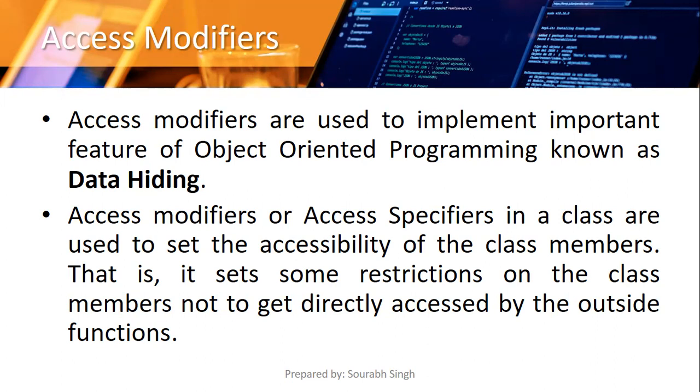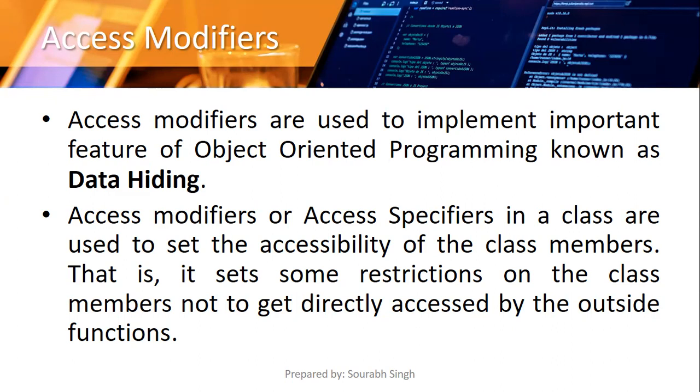Previously we have discussed the four pillars of object oriented programming: encapsulation, inheritance, polymorphism and abstraction. In encapsulation and abstraction, the data hiding concept which we have learned can be practically implemented by the access modifiers.